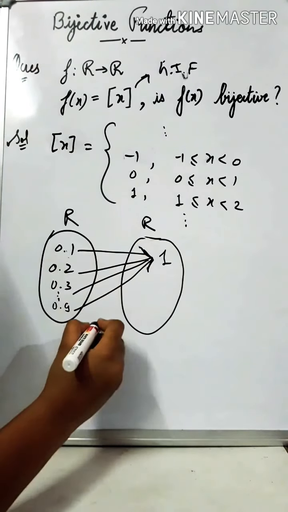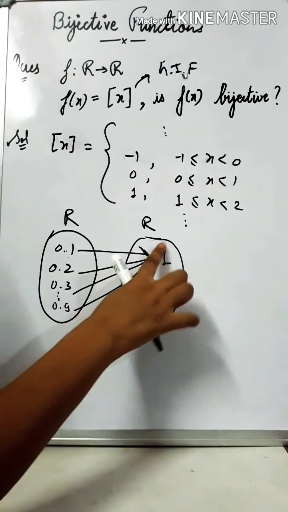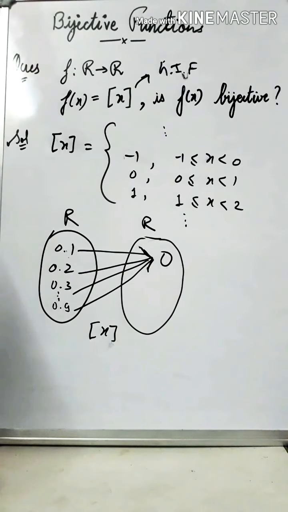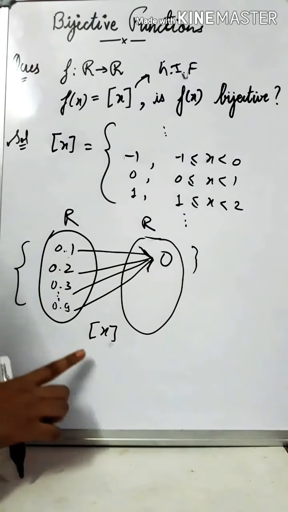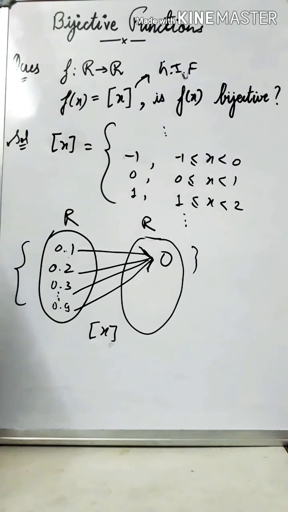Because for all these values, if your function is greatest integer function, for all such numbers you are going to get the value 0 only. So what do you see? Is it a 1 1 function? No, because many are mapped to one element. This is many to one function, so obviously this is not a bijective function, right?